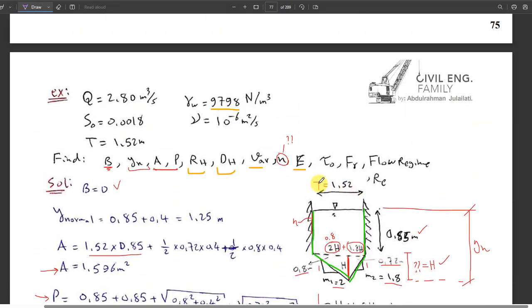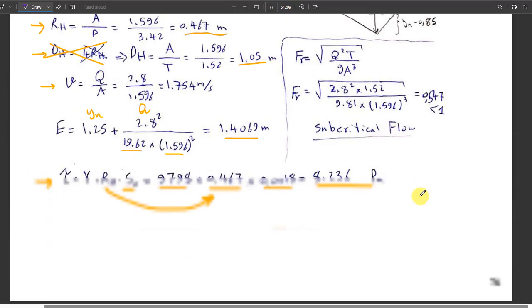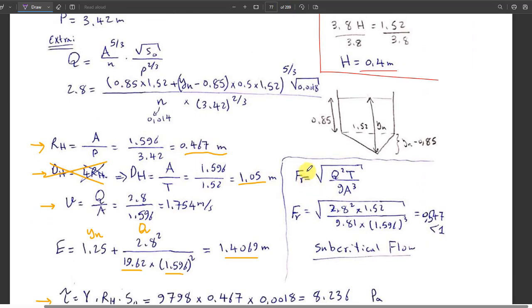Continuing with Froude number, we are done with the previous one. Now with Froude number and then flow regime. If it is asking about Froude number, don't forget, we will take the square root, therefore we should take it to both sides. So it will be root of Q squared T over G A cubed. Therefore Q squared, 2.8 squared, times T, which is 1.52, over 9.81 A cubed.